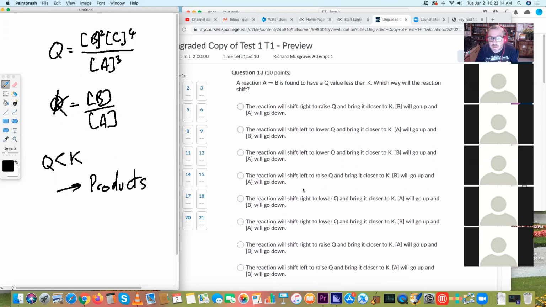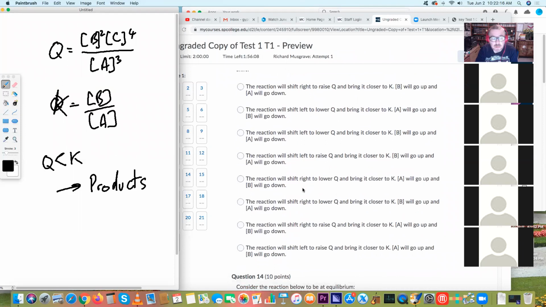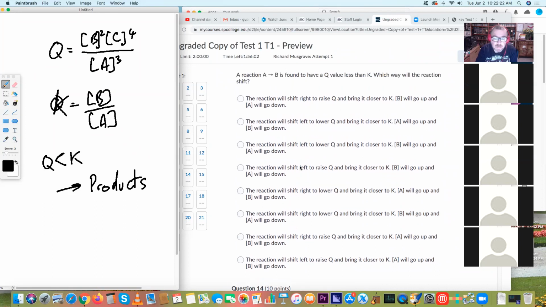Why wouldn't you reduce A as well? You would. That's the thing. You mean in this question here specifically? Yeah. Whenever you say more, is that the way that it's shifting?